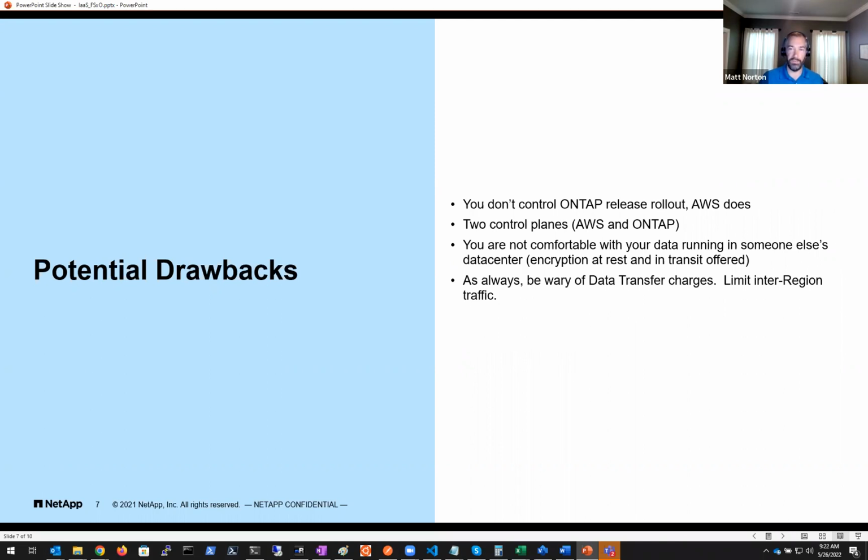If you're a company that has external processes and hooks into ONTAP, let's say you've got an administrative script that talks to ONTAP via the API or CLI and does something, and it happens to be dependent on a specific ONTAP version, you no longer control that with FSx. With CVO, you do. You can upgrade whenever you choose or not. But with FSx, Amazon is going to do that when they can.